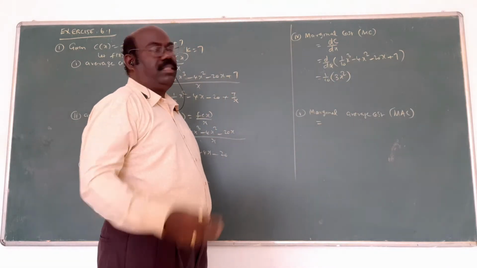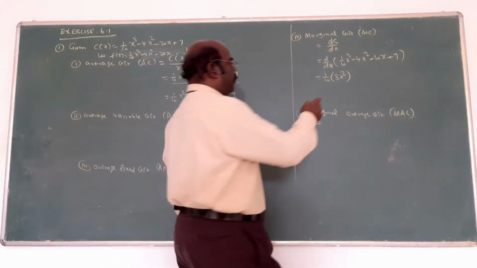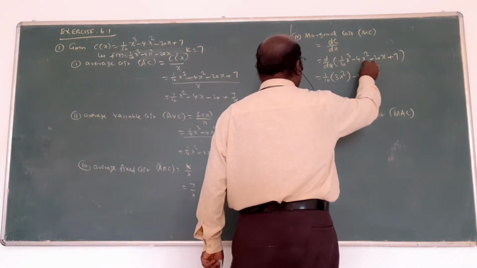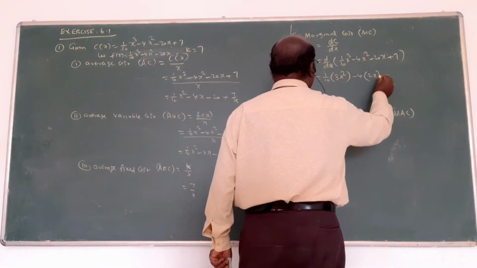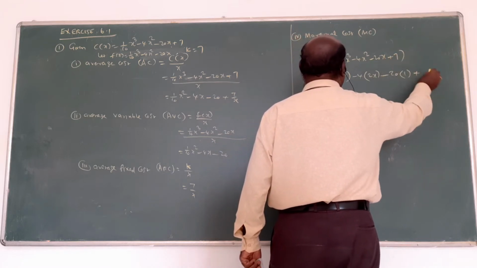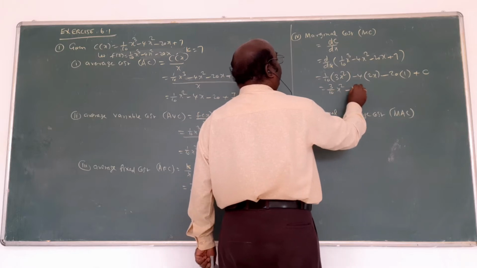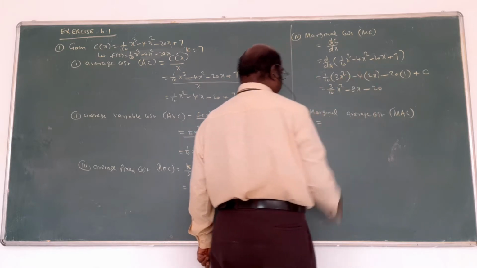Power is 3, so 3 into x, the power is reduced by 1. Minus 4 into x square becomes 2x. Minus 20 into x becomes 1. The 7 is constant, so 0. Now simplify: 3 by 10 x square minus 8x minus 20.